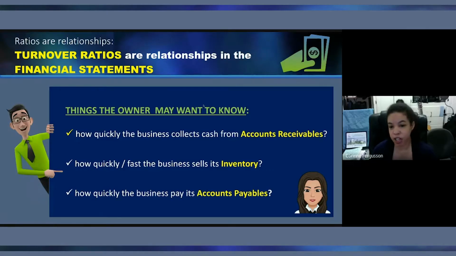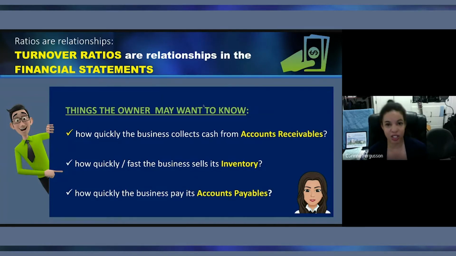Now, that is very, very important for many reasons. One of them has to do with liquidity, because remember, accounts receivables are not as liquid as cash. And if you can collect your most liquid asset as quickly as possible, that means that your business will be more liquid. And also the liquidity would affect the ability to pay the accounts payable.